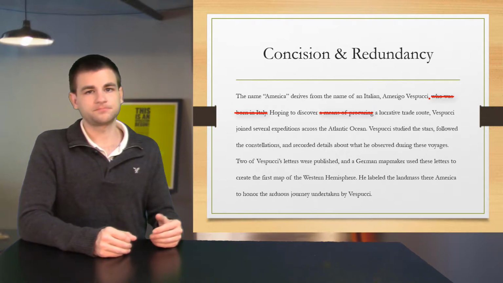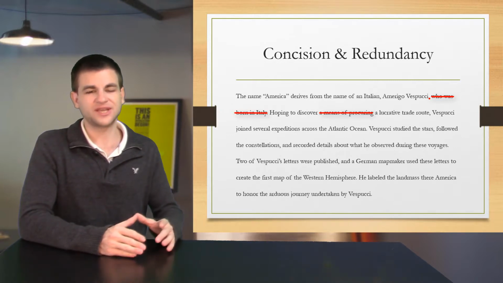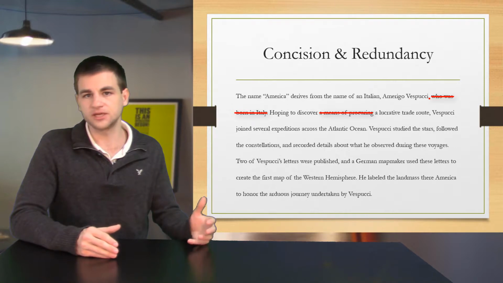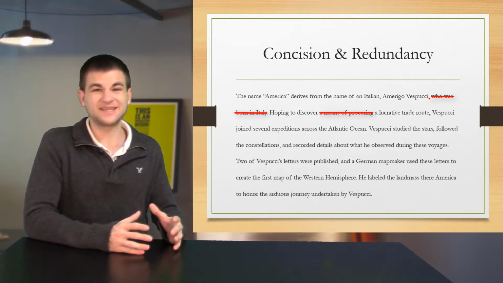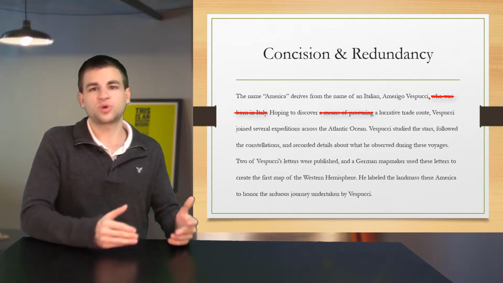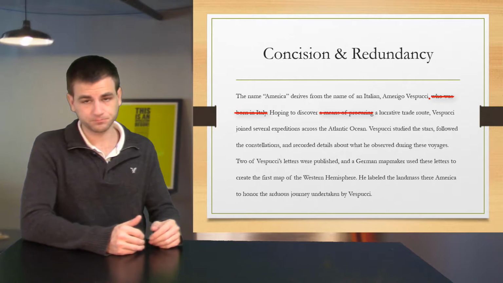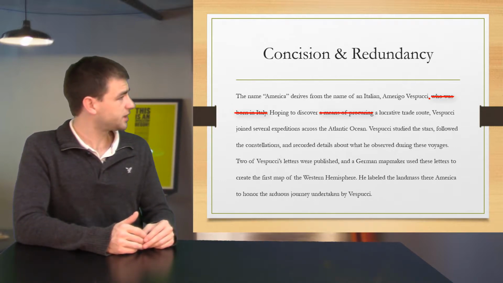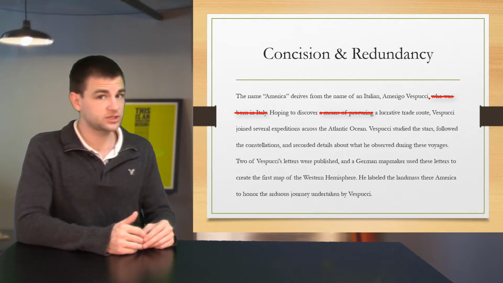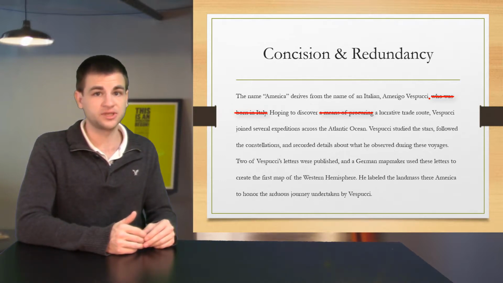And again, when you have this excessively bulky phrase, you're going to want to figure out what the basic idea is, and then find a way to express that idea a little bit more concisely, like we did here. Okay, next we have, Vespucci studied the stars, followed the constellations, and recorded details about what he observed during these voyages.